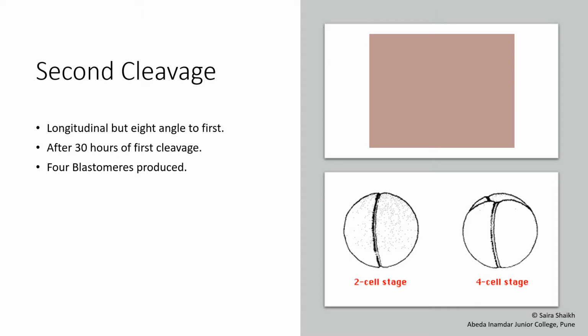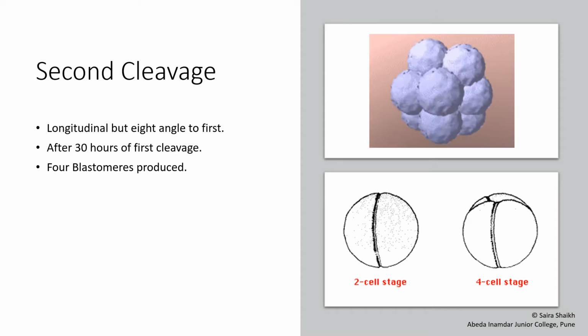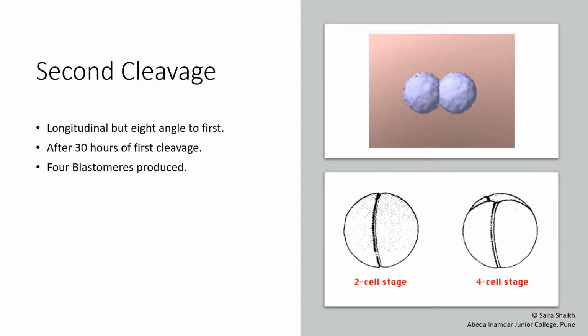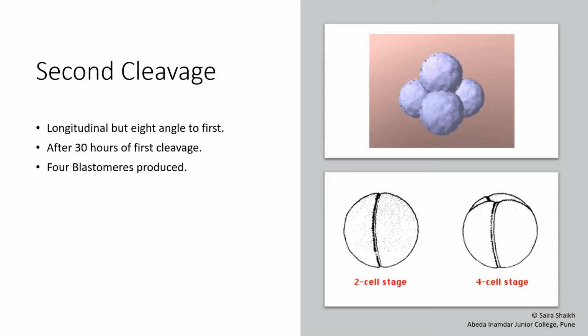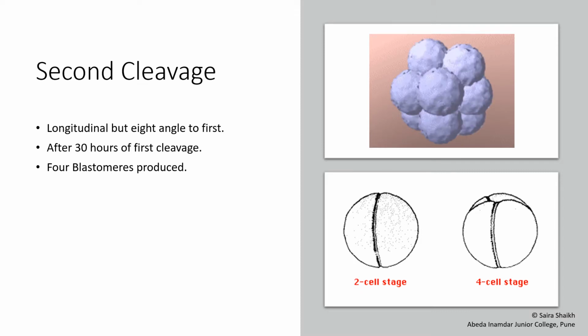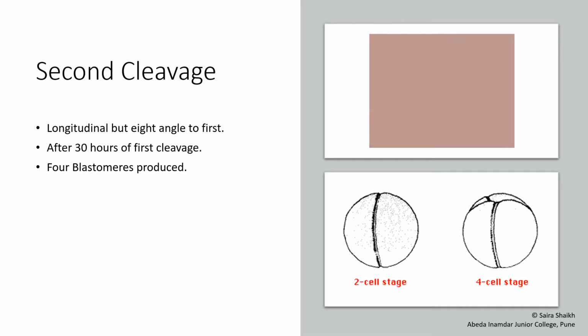The first cut is vertical, the second cut is also vertical, and it gives four equal-sized pieces of the apple. In the same way, the zygote is cut in the second cleavage into four cells, the blastomeres. This stage is called the four-cell stage.